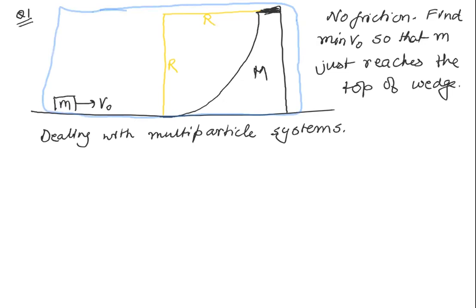Now you have a series of tools that you have to apply on this multi-particle system, which will lead you to the answer, which will lead you to a knowledge about what is happening in the system. So what are these tools? Well, the first tool is that the external force must be equal to mass into acceleration of center of mass. Right? That is the first tool we have.